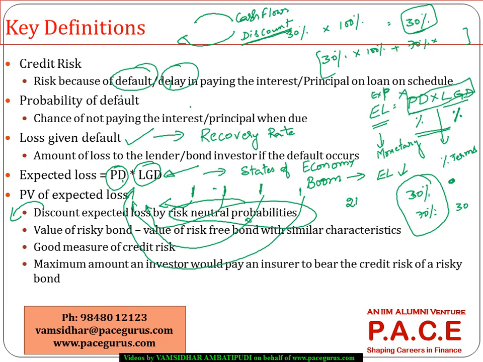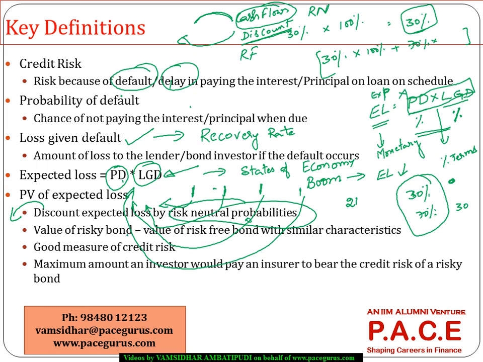In the discounting rate, I can still use the risk free rate of return. The cash flows, I can make them risk neutral: probability of default multiplied by whatever can be recovered, plus probability of no default multiplied by whatever else can be recovered. Based on them, I get those cash flows to the present value.